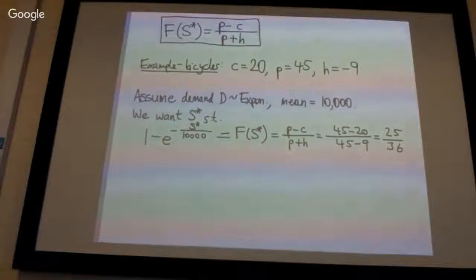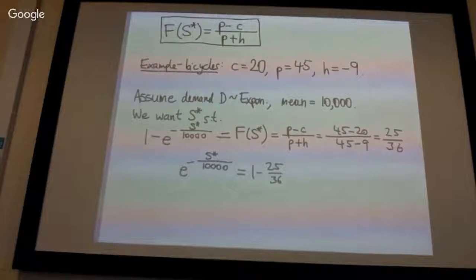So when we solve this, we want e to the minus S star divided by 10,000 to be 1 minus 25 over 36, which is about 0.306 apparently.